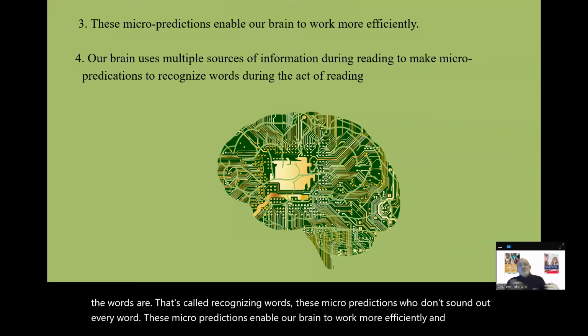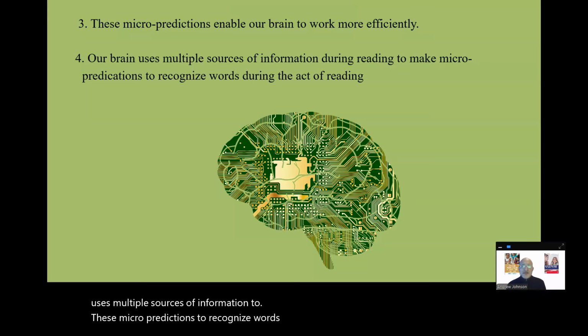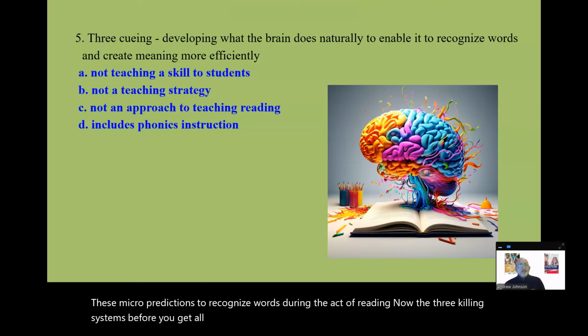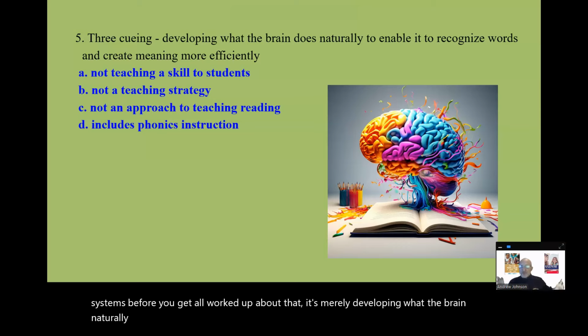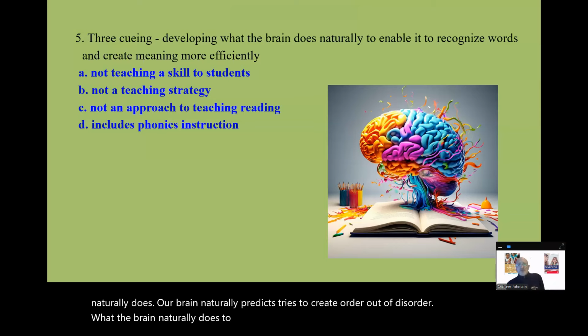And our brain uses multiple sources of information to make these micro predictions, to recognize words during the act of reading. Now, the three cueing systems, before you get all worked up about that, it's merely describing what the brain naturally does. Our brain naturally predicts, tries to create order out of disorder, to better recognize words and better create meaning.